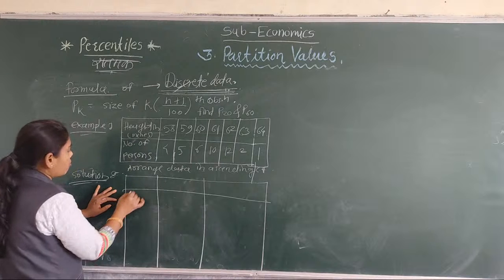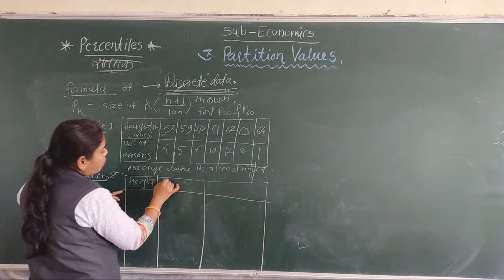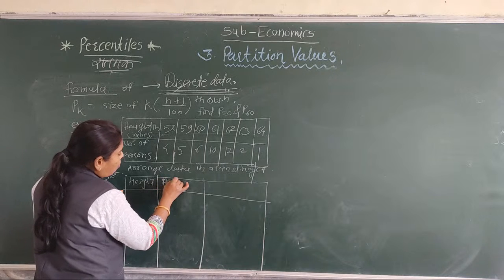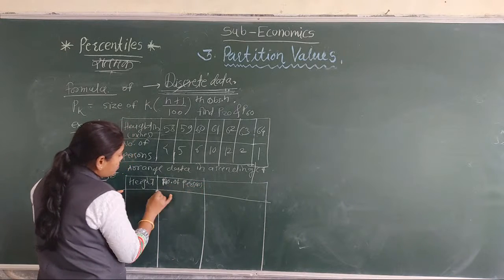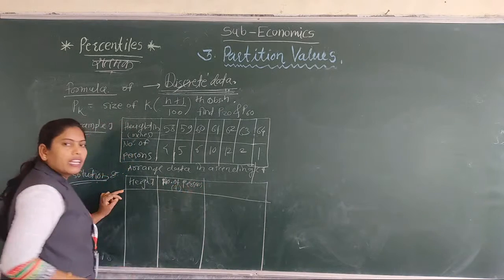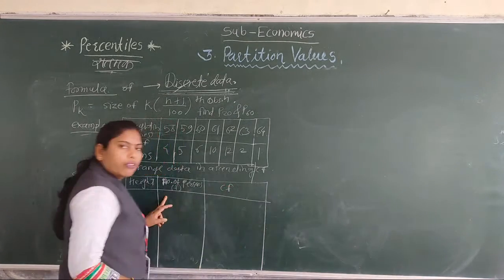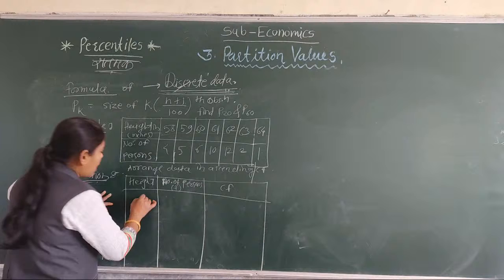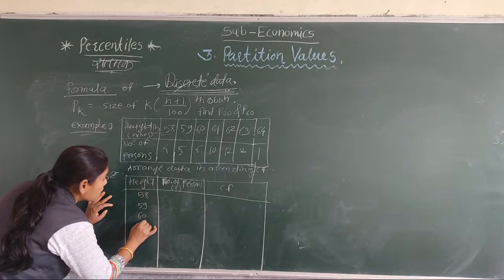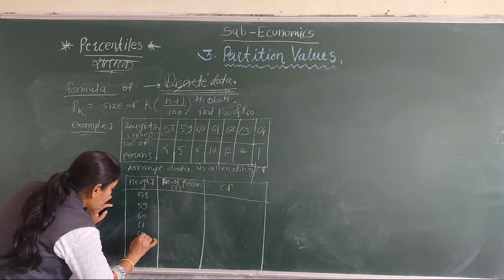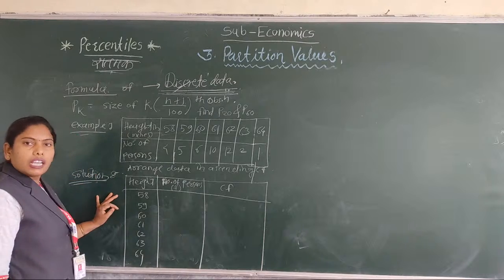Okay, in the first column, height. In the second column, number of persons, which means the frequency of the class. And then in the third column, calculate the cumulative frequency. Write down here the classes 58, 59, 60, 61, 62, 63, and the last one is 64.